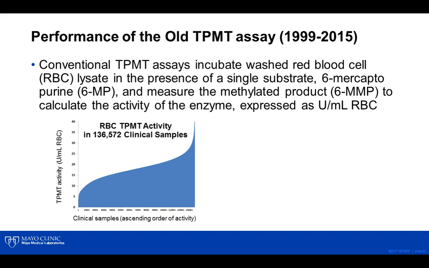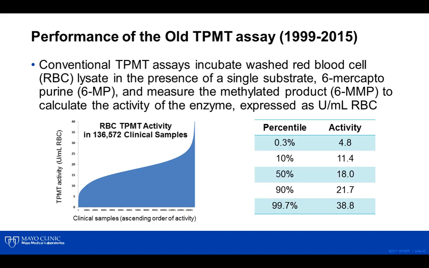This plot shows a representation in ascending order of the more than 136,000 patient samples tested over the following 16 years using the assay until the assay was discontinued. This table shows the values corresponding to the 0.3 percentile, the 10th percentile, the median, and at the opposite end, a high peripheral percentile.